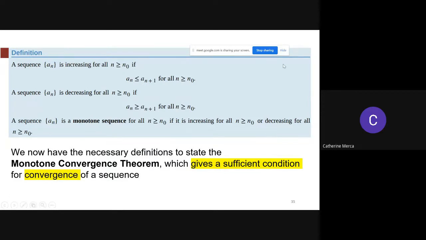Or decreasing for all n greater than or equal to n sub 0. So, we now have the necessary definition to state your monotone convergence theorem. The monotone convergence theorem gives a sufficient condition for convergence of a sequence.